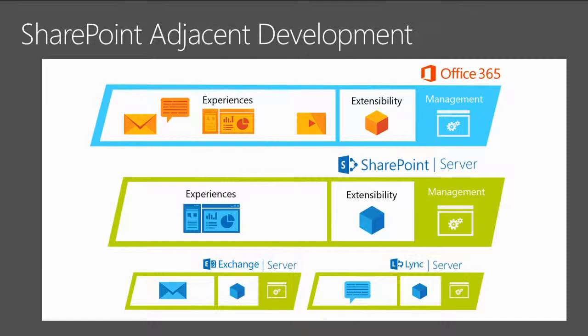If you can make that shift and have it sitting there to the side, that makes it a lot easier than connecting to Exchange, to Skype for Business or Lync, and also to make the move into Office 365. So we're not saying don't write SharePoint code anymore. There's still a bunch of that you'll be doing, but where possible, try to make that shift. Move outside the SharePoint platform and start building your code to the side. And we'll talk a little bit more about that as we go through some of the demos.